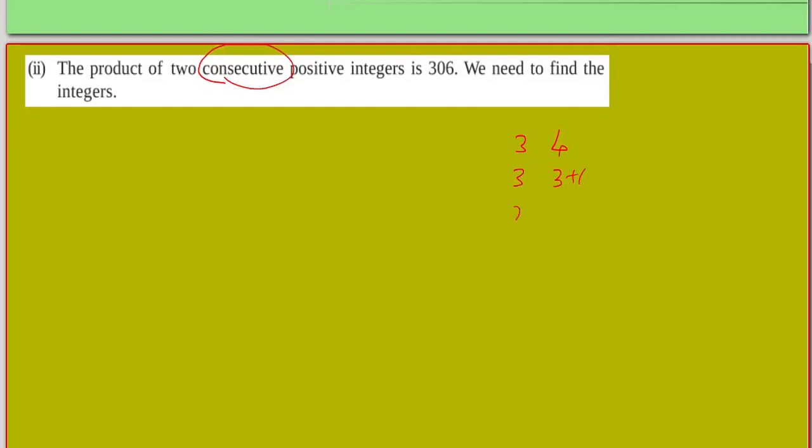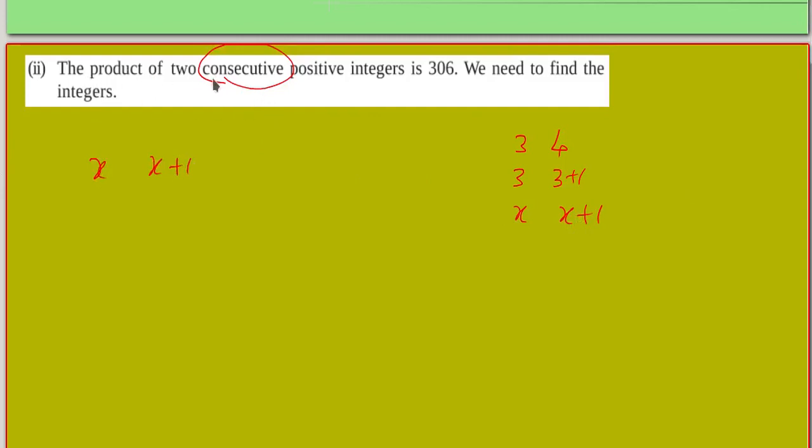So if we take any number x, the next number will be x plus 1. So these 2 are consecutive numbers. If we want to take 2 consecutive integers, we have to take them in this manner: x and x plus 1.